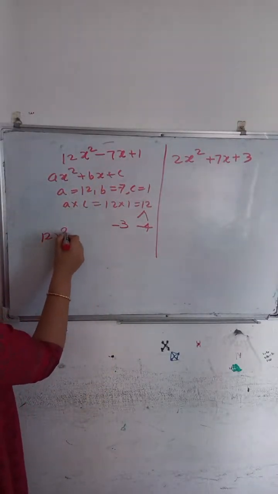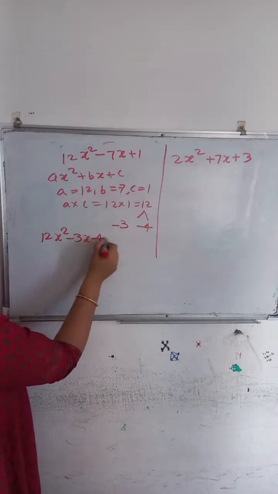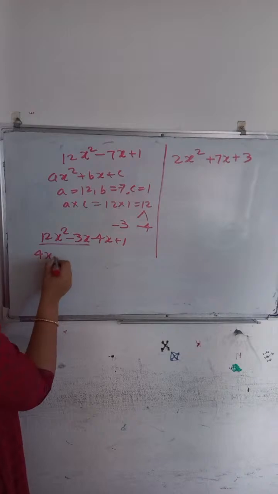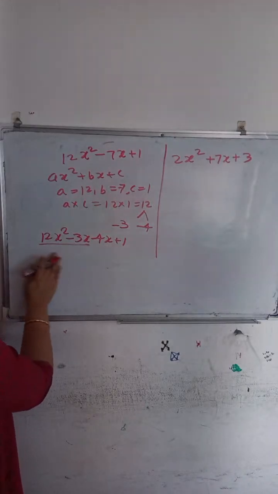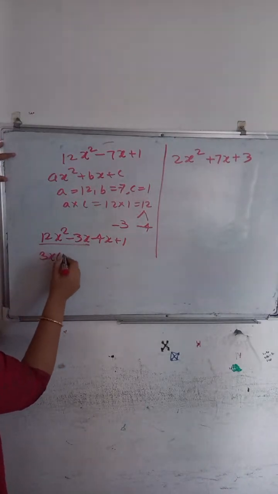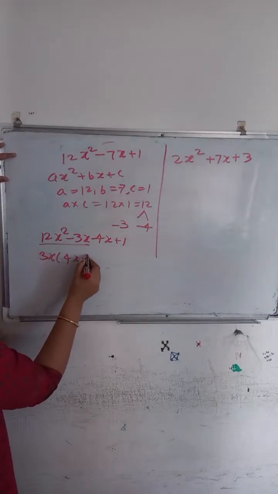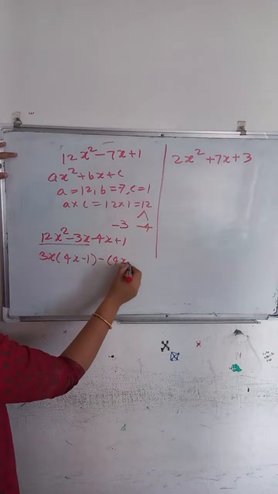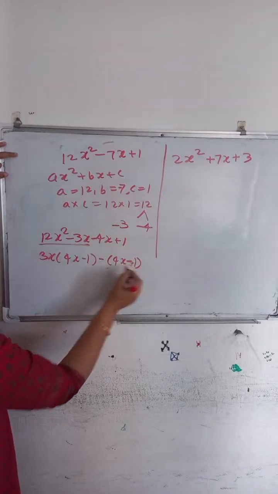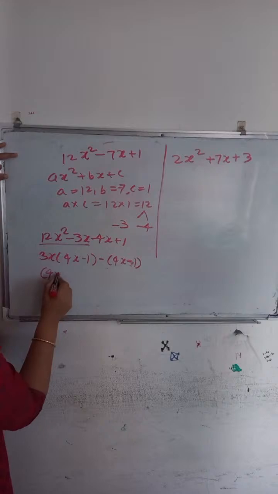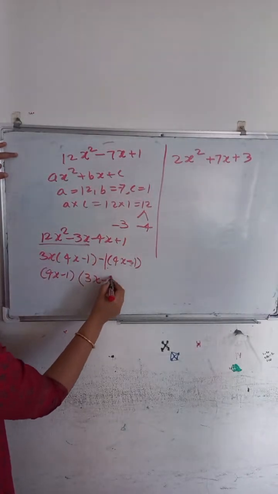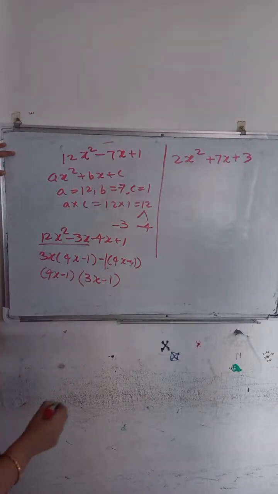So 12x² − 3x − 4x + 1. Take 3x common: 3x(4x − 1), and take the minus sign out, so (4x − 1) remains. So (4x − 1)(3x − 1). These are the factors. Getting this?